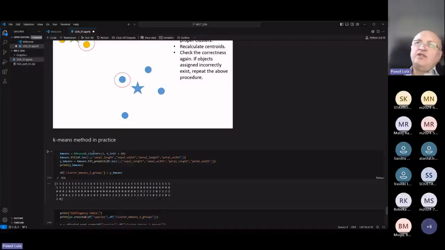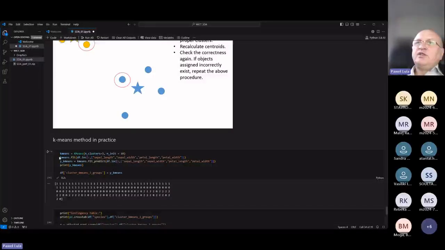So I defined here the number of clusters which I'm going to obtain, and the number of repetitions, here 10. It means that this process will be repeated 10 times, and the best result will be sent to the user as the final result.